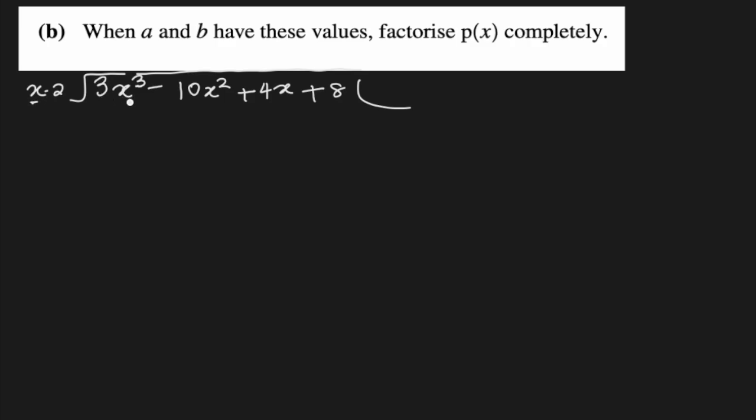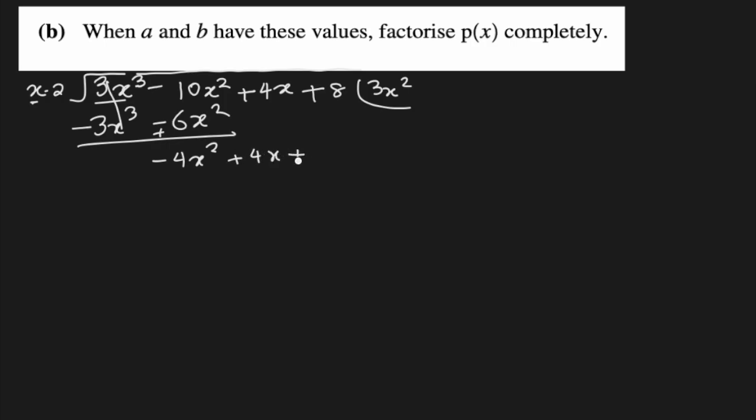So what should I multiply with x to get 3x cube? 3x square. So 3x cube minus 2 times this, minus 6x square. Then we subtract. This cancels. Minus 10 plus 6 is minus 4x square. Then we have 4x plus 8. Now x should be multiplied by minus 4x to get minus 4x square.